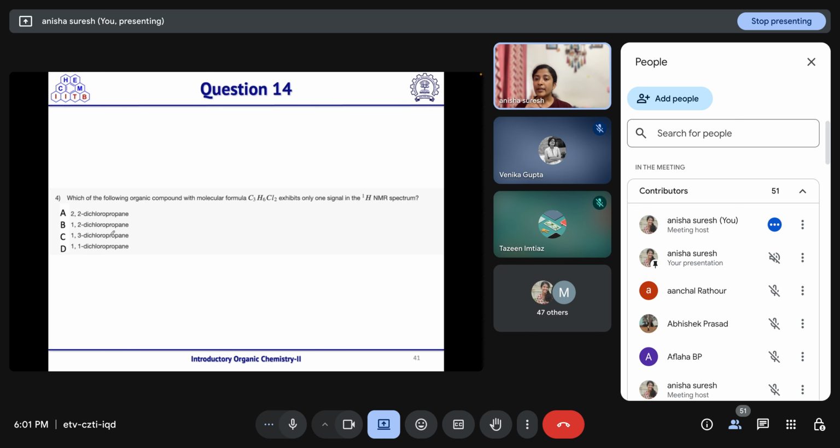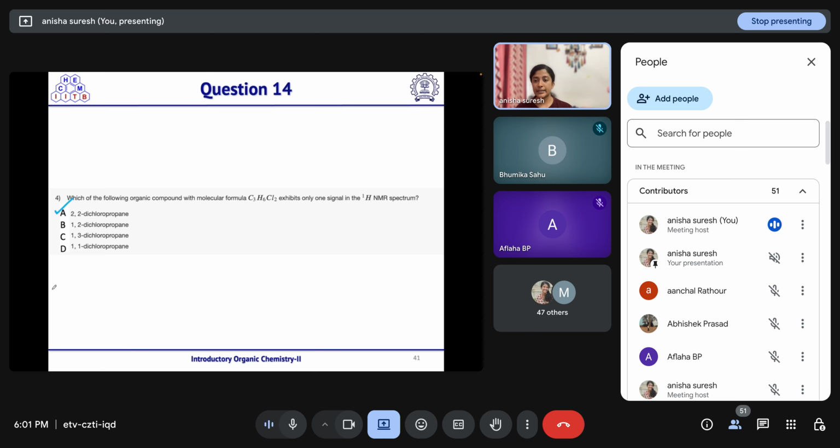So here, one among these will be exhibiting only one signal in the proton NMR spectrum. All these compounds are having the same molecular formula. 2,2-dichloropropane. Which one? 2,2-dichloropropane. Yeah, 2,2-dichloropropane will be having just one signal in the proton NMR spectrum.